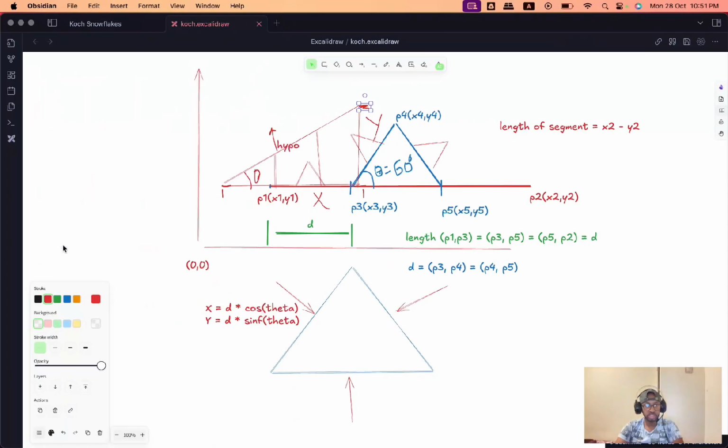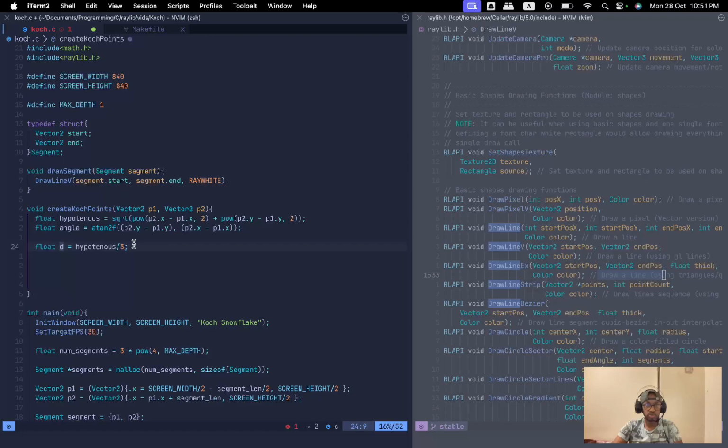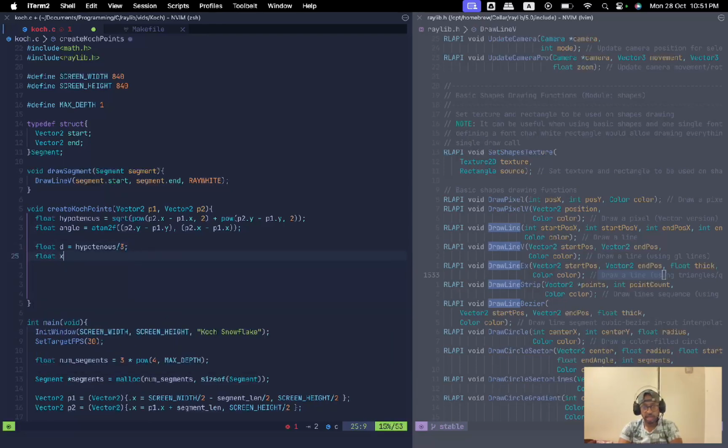Now we know D, the length D. D will give us the point that divides the original segment into 3 equal portions. So we need to find the x and y components of this D. So float x is D times cosf of the angle.